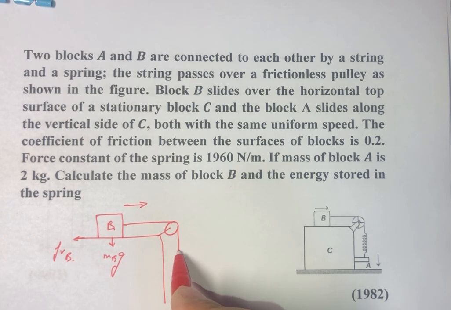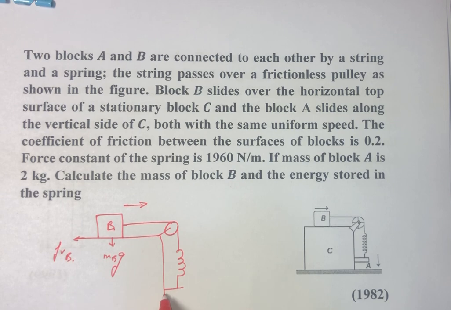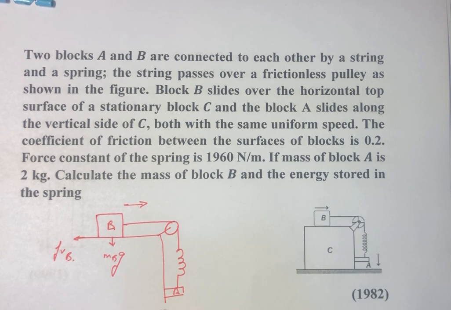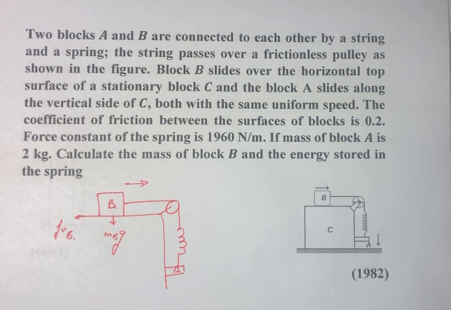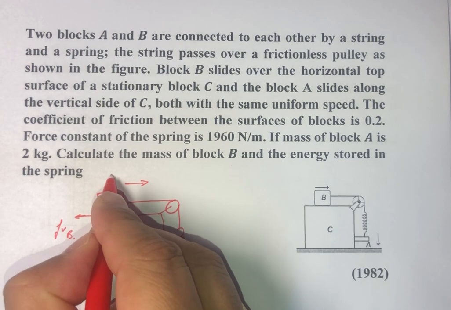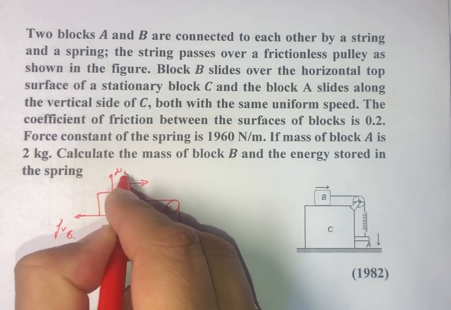It is connected with a spring to the block A, and there is a normal here, let us call that NB.